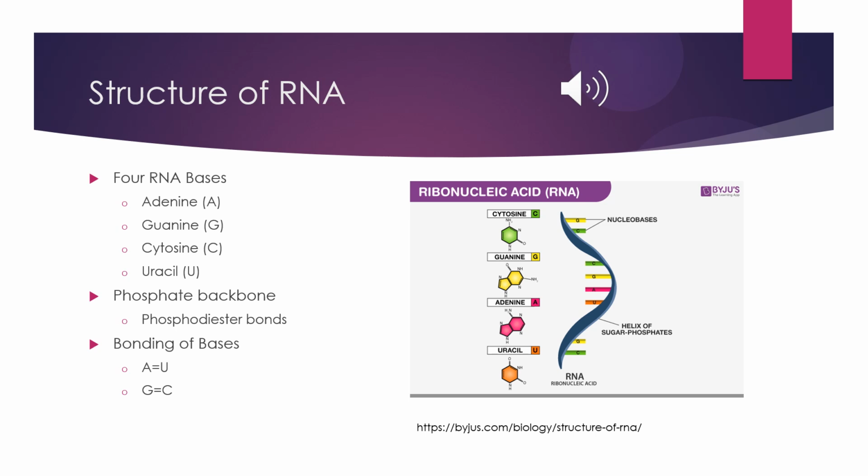They are bonded to the phosphate backbone through a phosphodiester bond, and when it comes to which pyrimidines and purines bond to each other, as you can see under the bonding of bases tab, this is just a shortcut way of helping students to remember which goes to which. But as you can see, A goes to U, which is adenine to uracil, and G goes to C, which is guanine to cytosine.